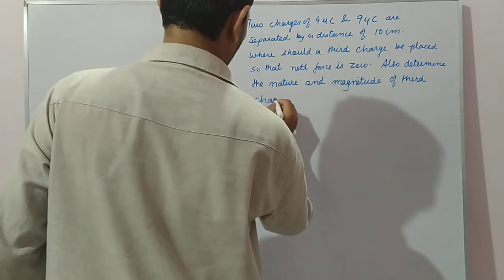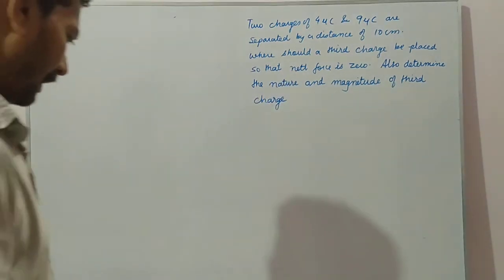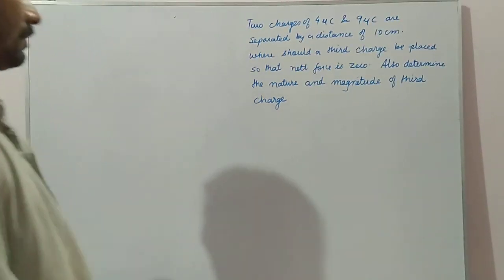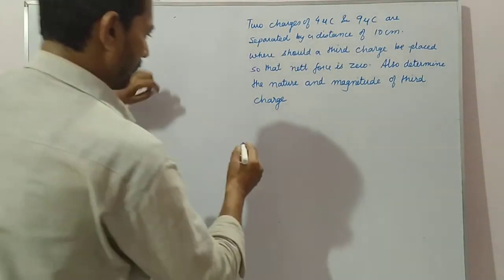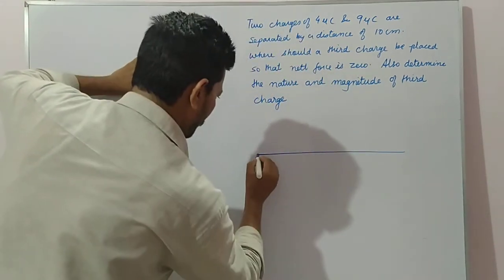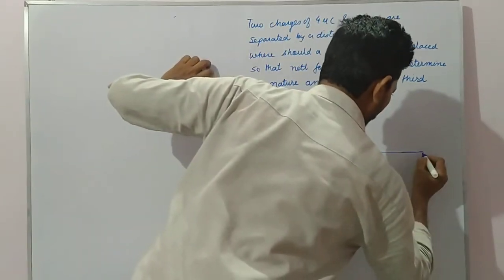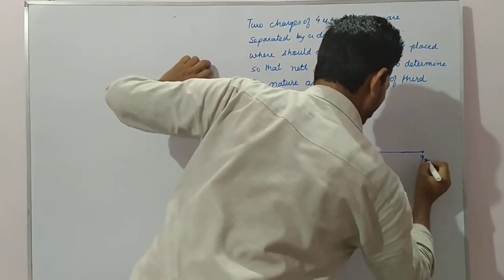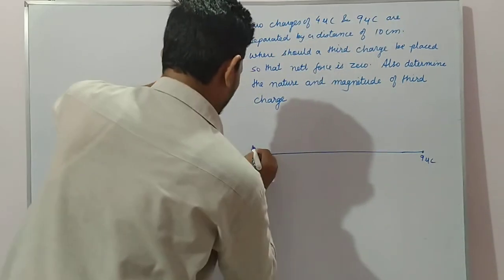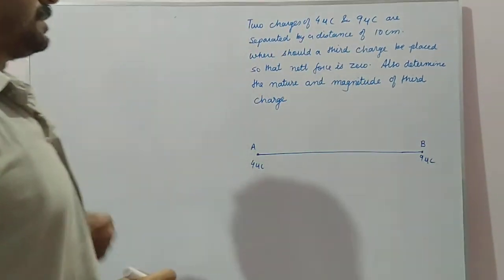Okay. We will determine the nature and magnitude of the third charge. Now see here, two charges, one is of 4 microcoulomb, second one is of 9 microcoulomb. They are separated by a distance of 10 centimeter.